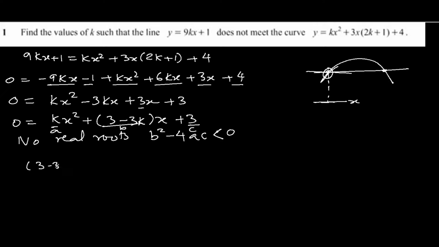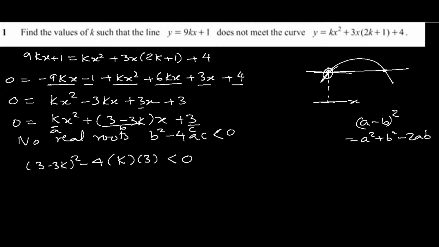3 minus 3k whole square minus 4 times a, which is k in this case, and c is 3, is less than 0. So to make it a perfect quadratic inequality now, we'll have to expand this one. For that, we have an identity: a minus b whole square is a square plus b square minus 2ab, and that's what we will apply here.